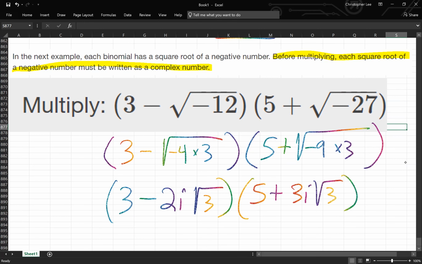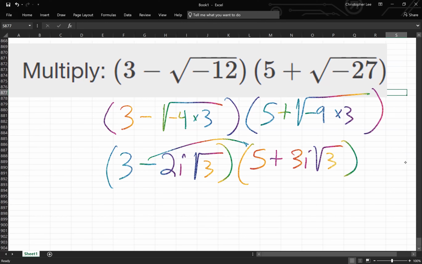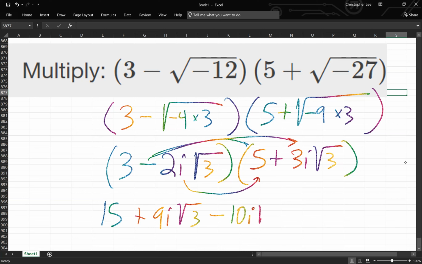Then now FOIL it. So 3 times 5, that's 15. 3 times 3i square root 3 is going to be plus 9i square root 3. Negative 2i square root 3 times 5 is going to be a negative 10i square root 3.